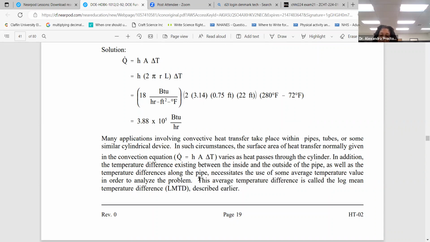In addition, the temperature difference existing between the inside and outside of the pipe, as well as the temperature difference along the pipe, necessitates the use of some average temperature value in order to analyze the problem. And the average temperature difference is called the log mean temperature difference, which was mentioned in the previous chapter.